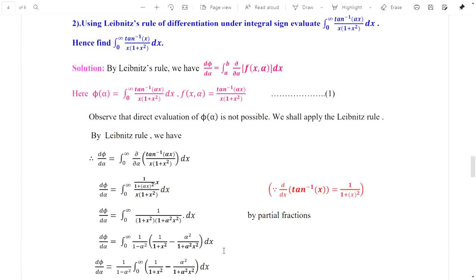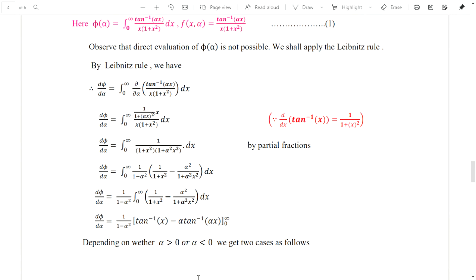Since we are doing integration with respect to x, 1 by 1 minus alpha squared is constant, bring it out. Integral from 0 to infinity of 1 by 1 plus x squared minus alpha squared by 1 plus alpha squared x squared, that is equal to 1 by 1 minus alpha squared into the integral of 1 by 1 plus x squared, which is tan inverse x, minus alpha into the integration of 1 by, this can be written as alpha x whole squared, so that this is in the form of 1 by 1 plus x squared, which is nothing but tan inverse of alpha x by alpha.